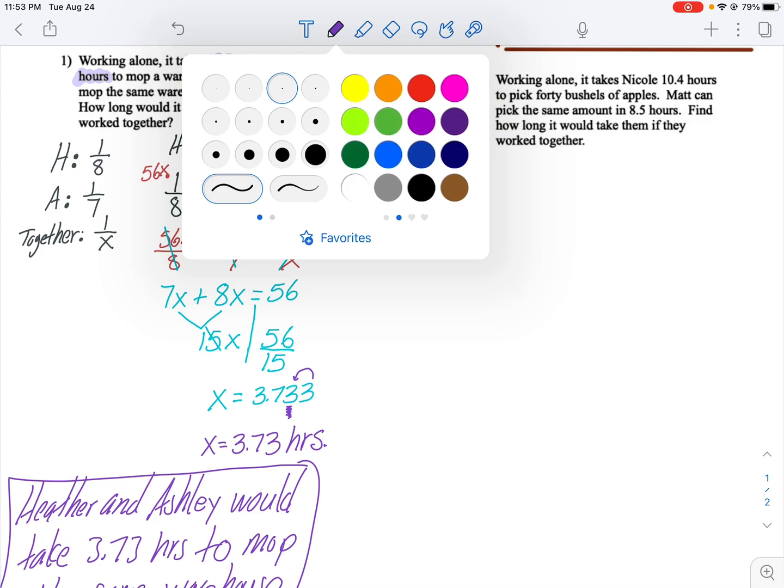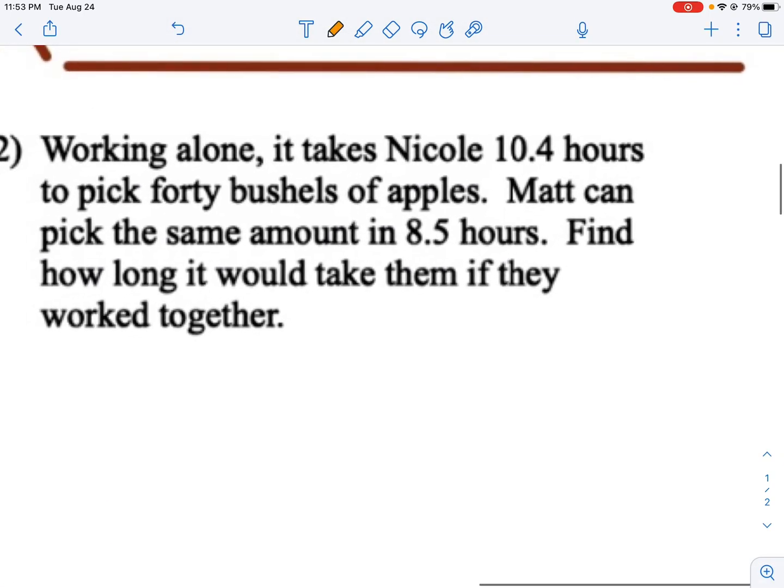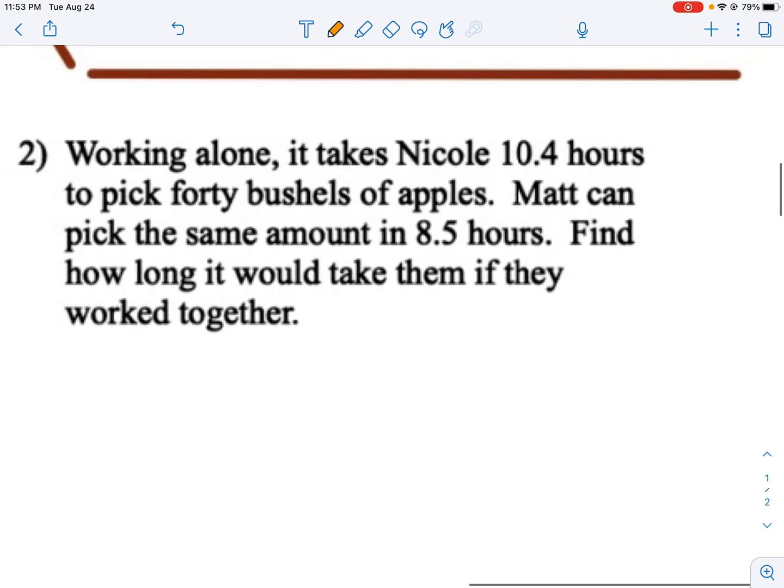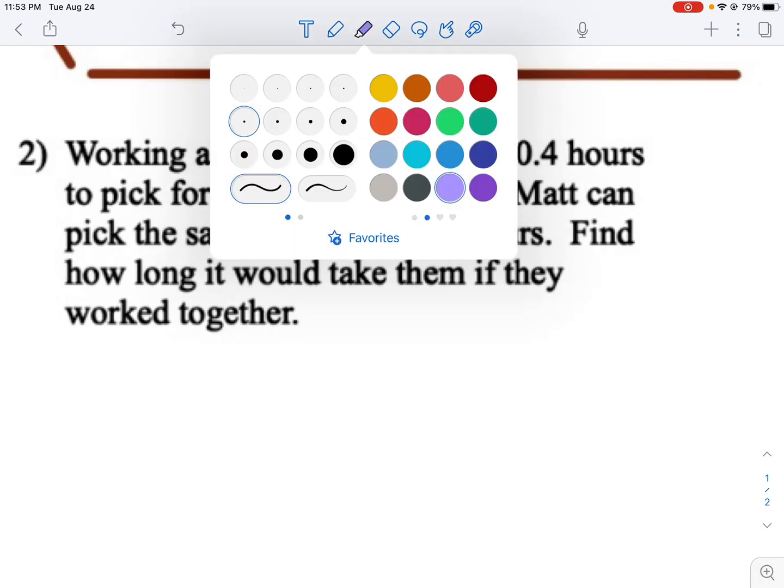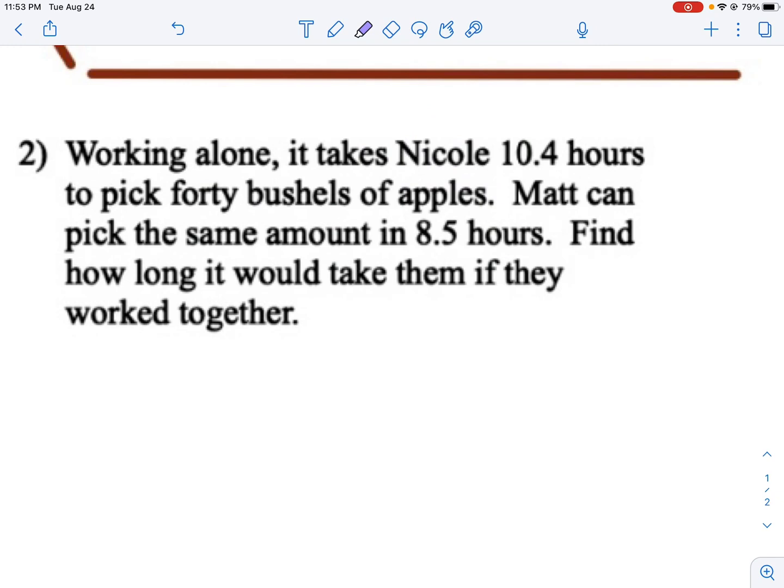All right. Let's do another. Let's do one more here. Let's see here what we have. So, working alone, it takes Nicole 10.4 hours to pick 40 bushels of apples. So Nicole takes 10.4 hours to pick 40 bushels of apples.